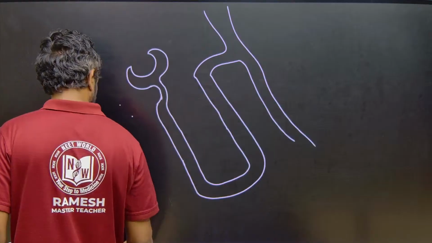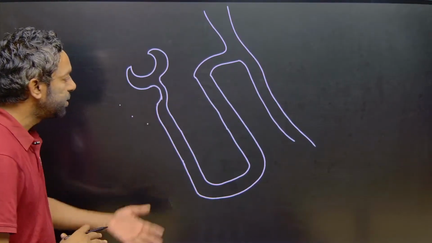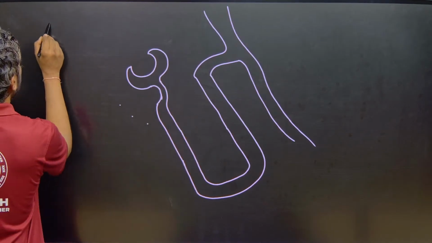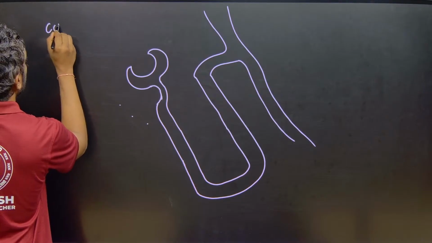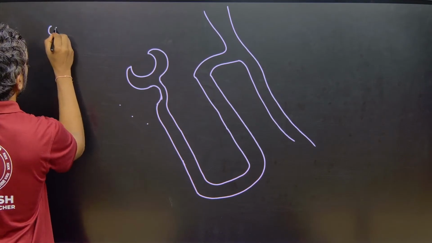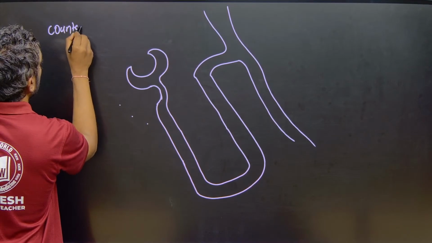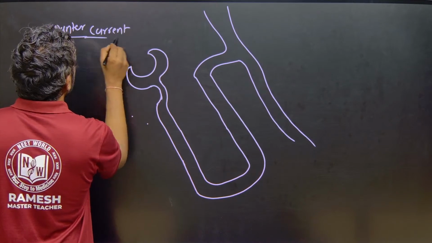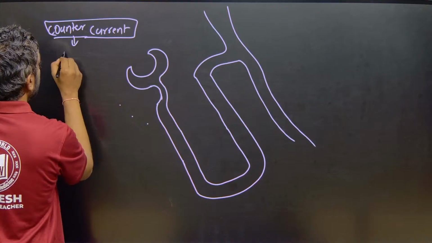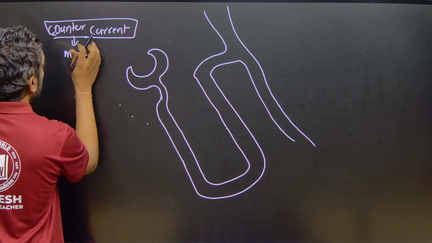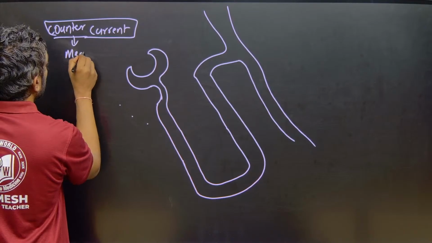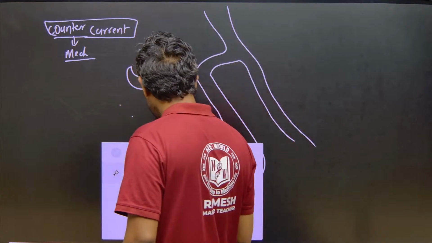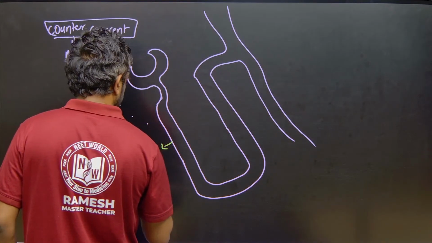This is the renal tubule. Guys, just look here. Who is the counter here? If it is the counter current mechanism, just look here. This is the ascending Henle loop, and this is the descending.